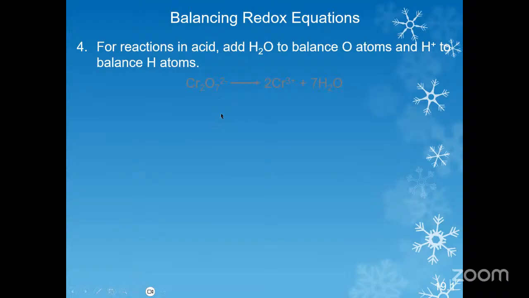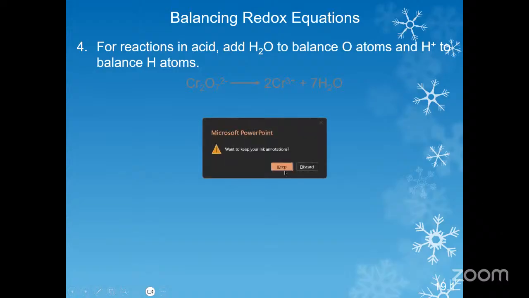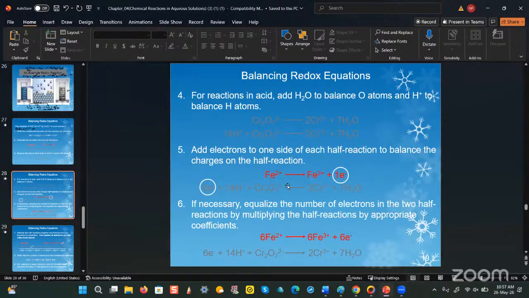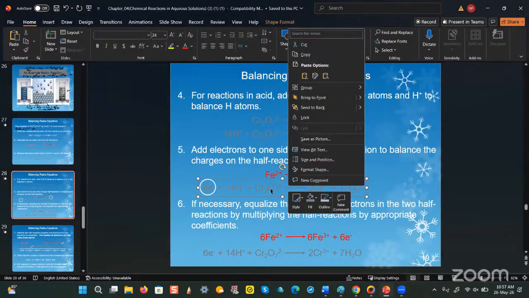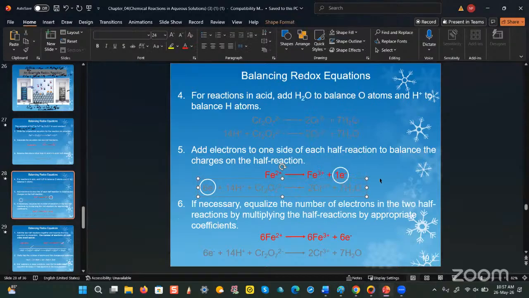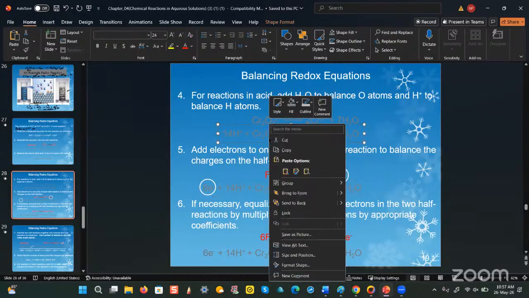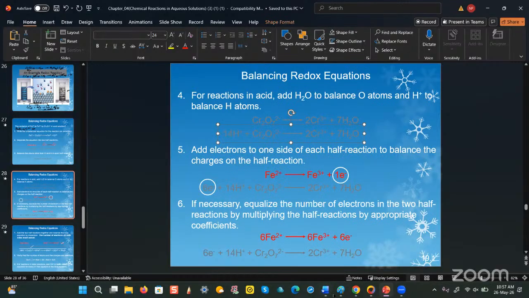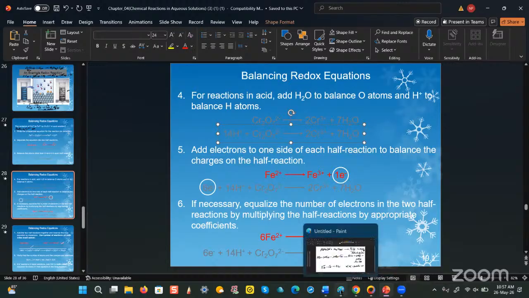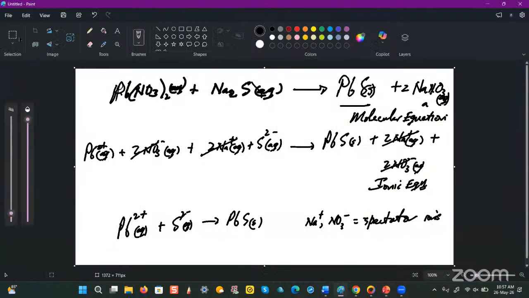Can you see that? Okay, let me see if I can, all right, you know what? Let me just do it on this here, in the interest of time.